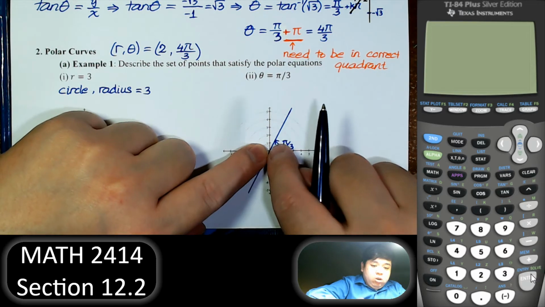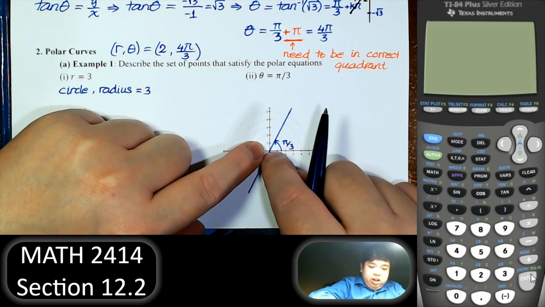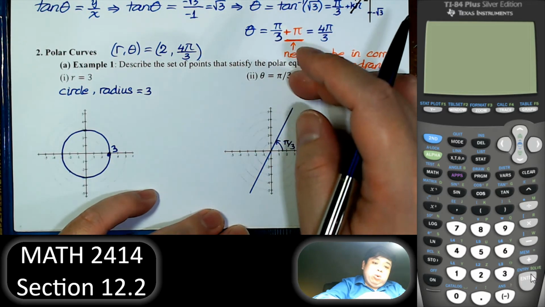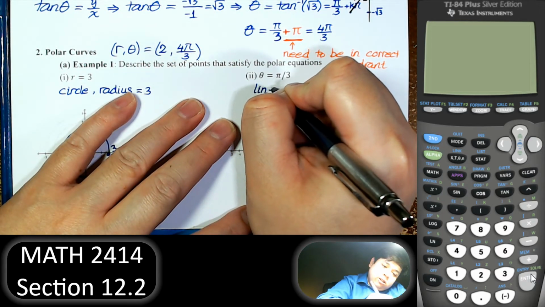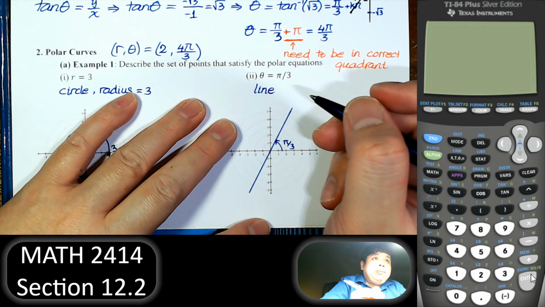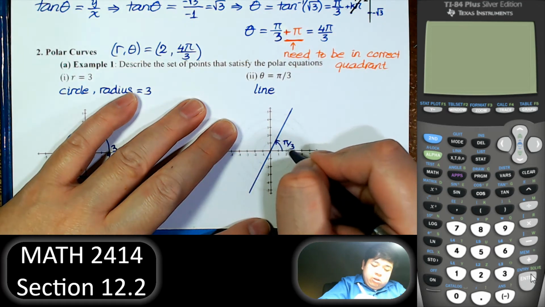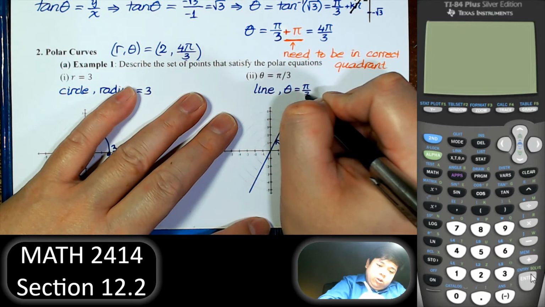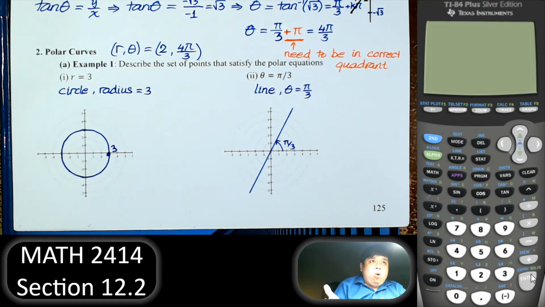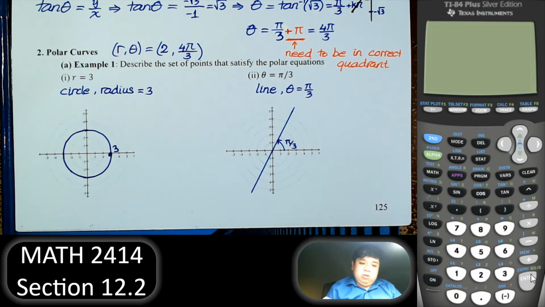If we have positive r, it goes in that direction, negative r goes in this direction, but we're going to have the whole line. So this is a line, and the angle is pi over 3. We have positive r and negative r, so just a line.